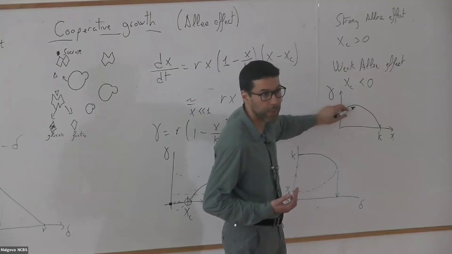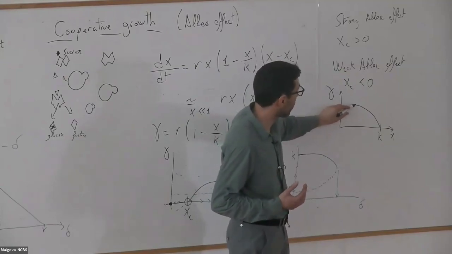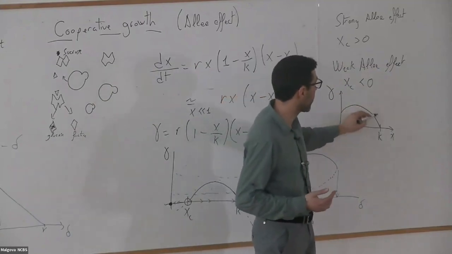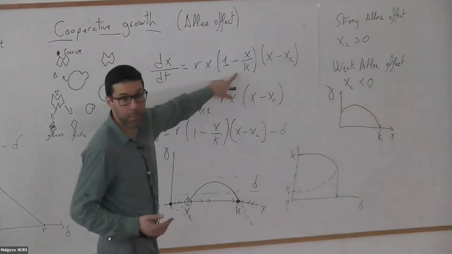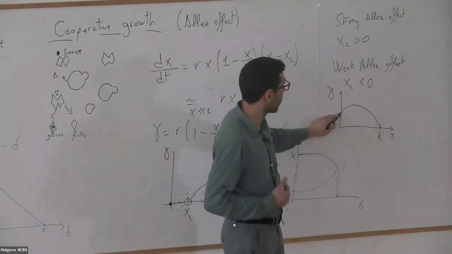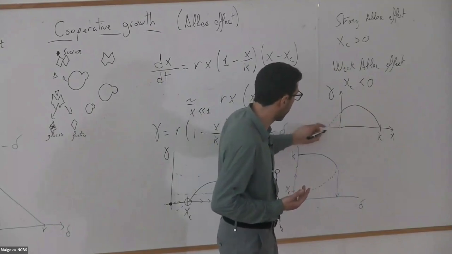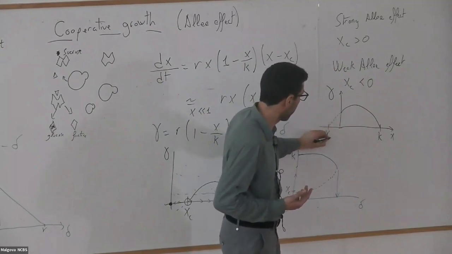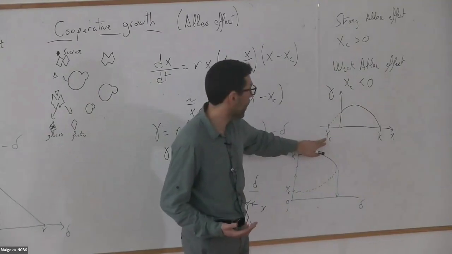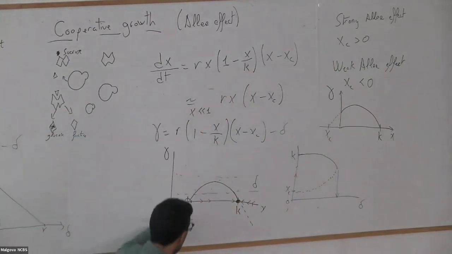The per capita growth rate goes up. This is what we call the Allee effect. And if we continue growing, of course, they cannot grow forever. Then we hit the saturation term, and then it goes down. And whenever this critical threshold, as I was saying, is negative, then we have a weak Allee effect. Otherwise, we will have a strong Allee effect.